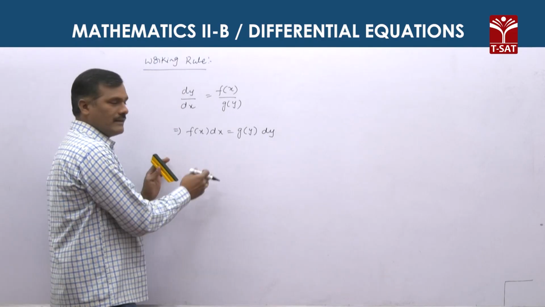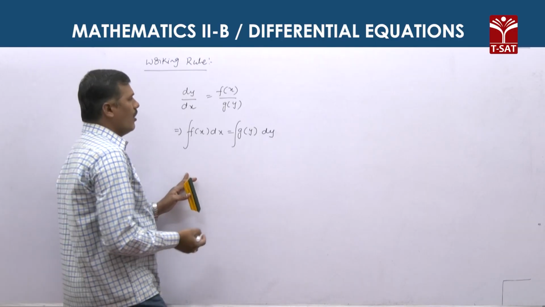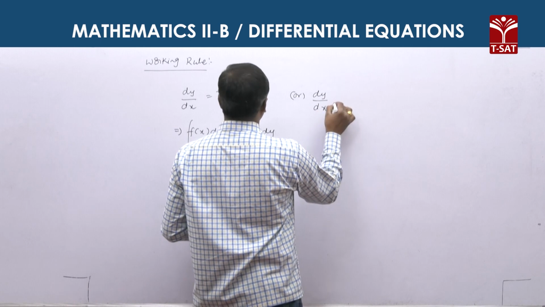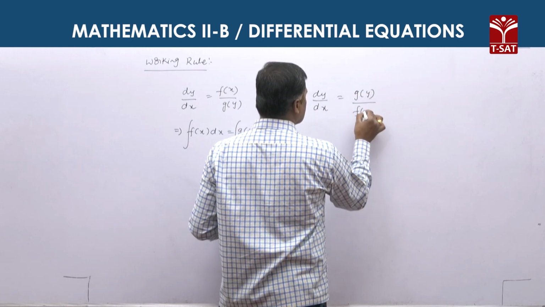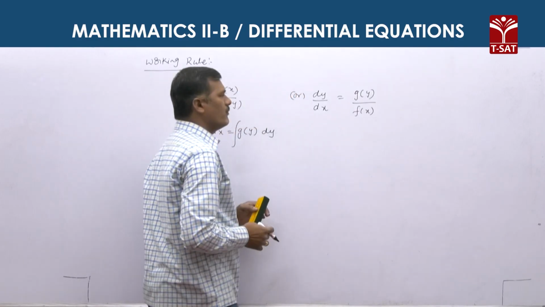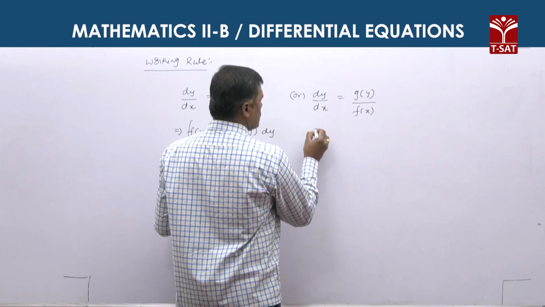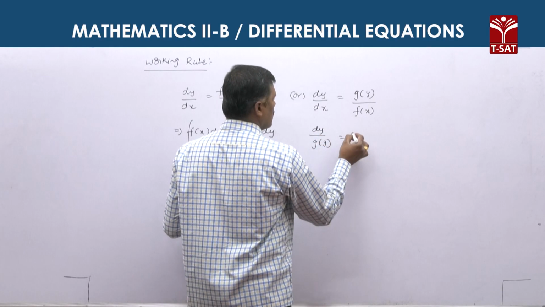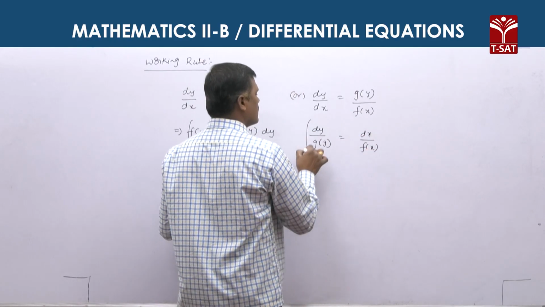The variables are separable, and then we integrate. This is the procedure. Similarly, if dy by dx is equal to g of y by f of x, we write dy by g of y is equal to dx by f of x, and then integrate.